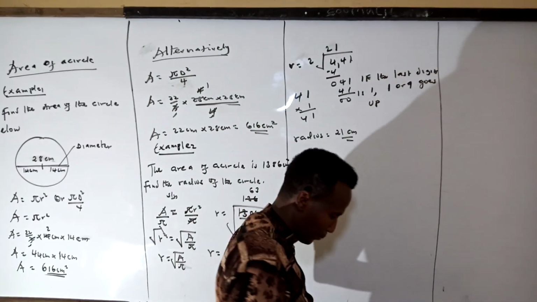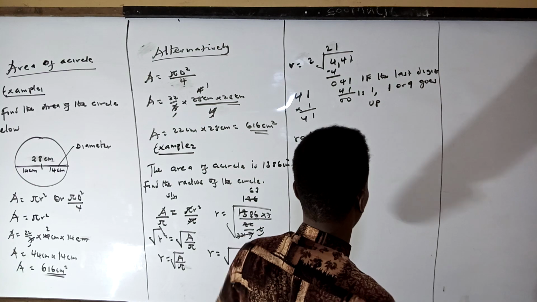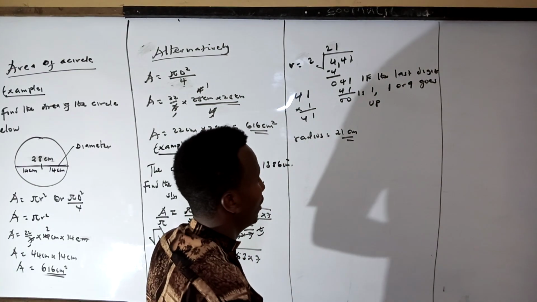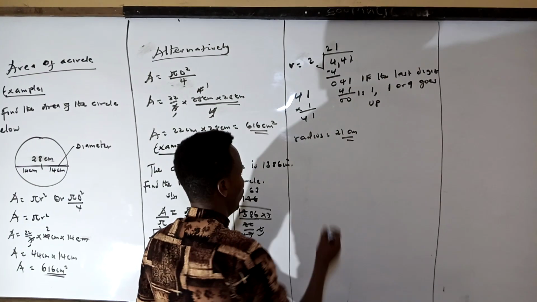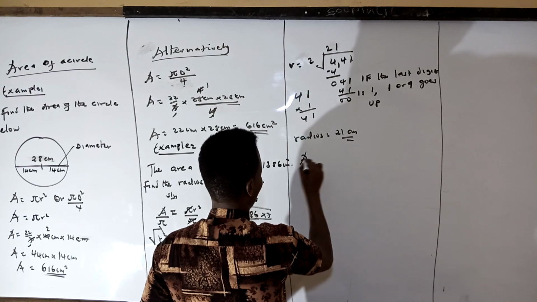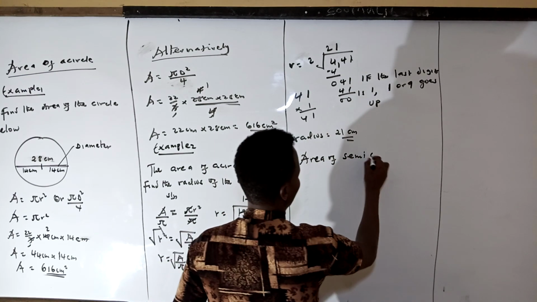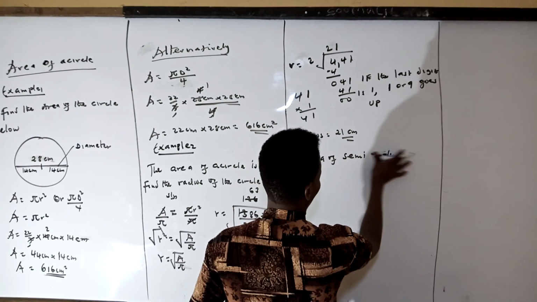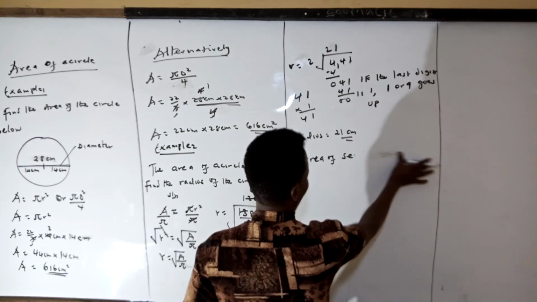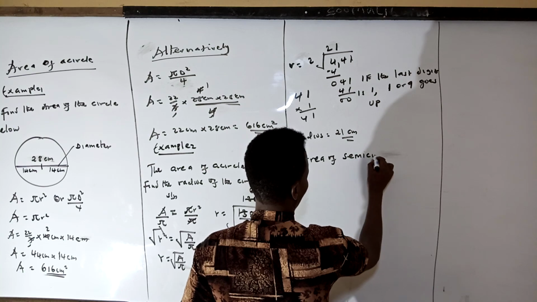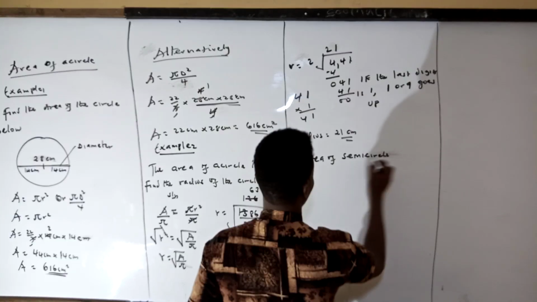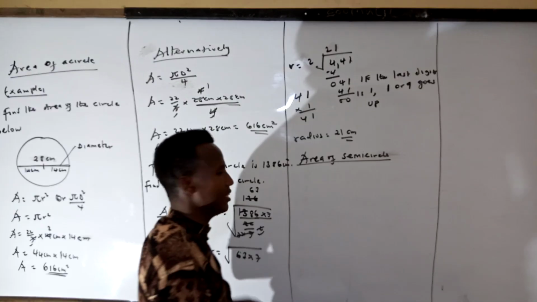Then after that, we will proceed to the area of a semicircle. That is a half circle. Area of semicircle, it is half circle.